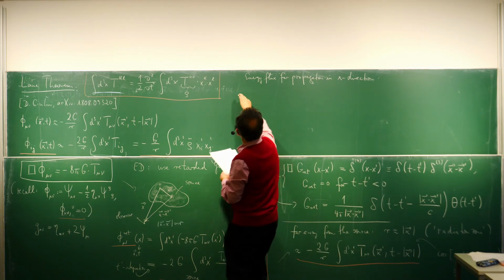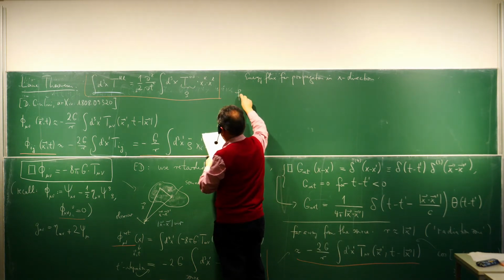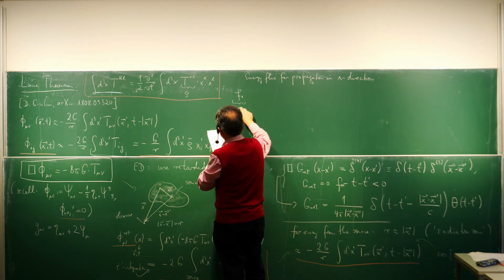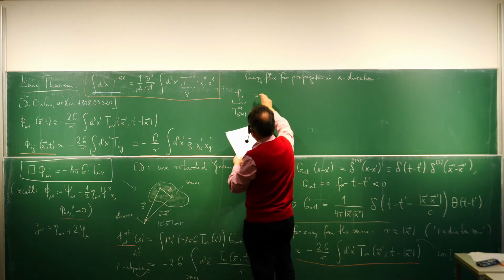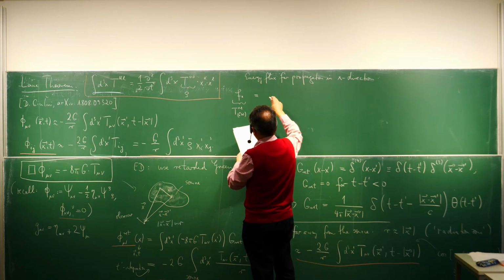So we called this flux f_x. This was the component T01 of the gravitational wave.